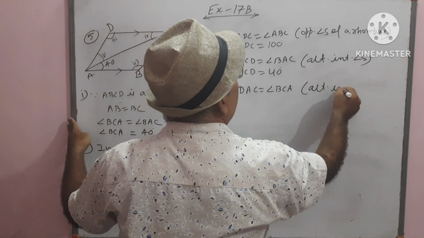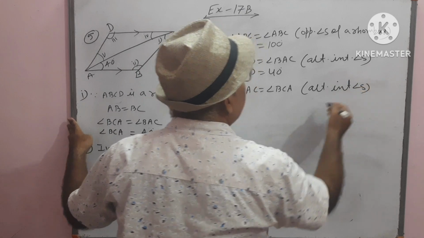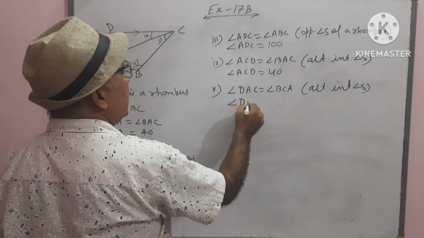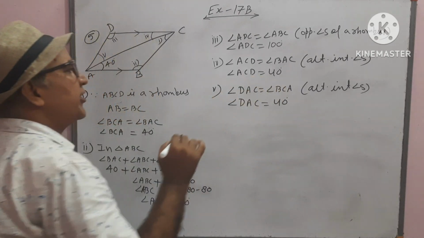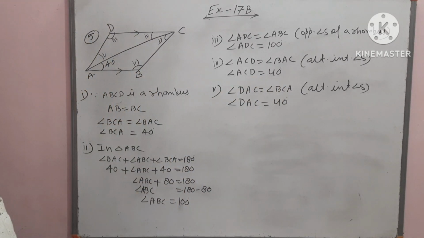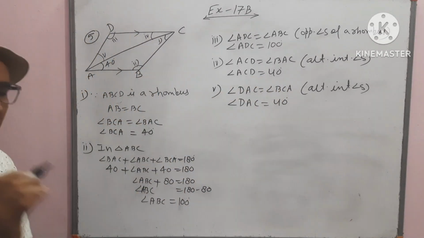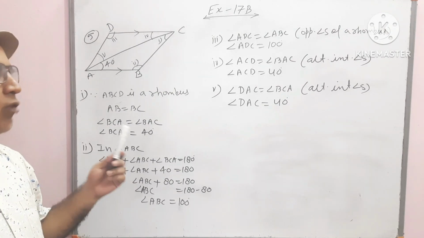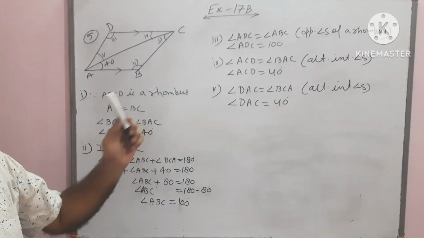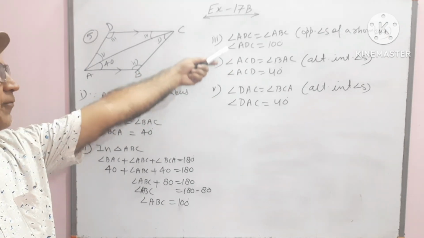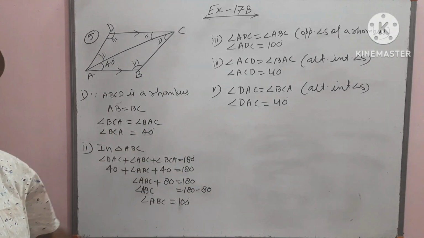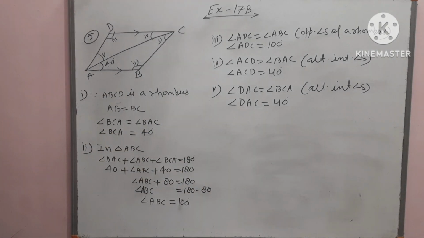Why? Because of alternate interior angles. That means angle DAC is also 40 degrees. Any doubt? If you learn all the properties of the quadrilaterals, then every question will be easy for you. Because by using the property, we are finding all the angles. Okay? Now please write down.